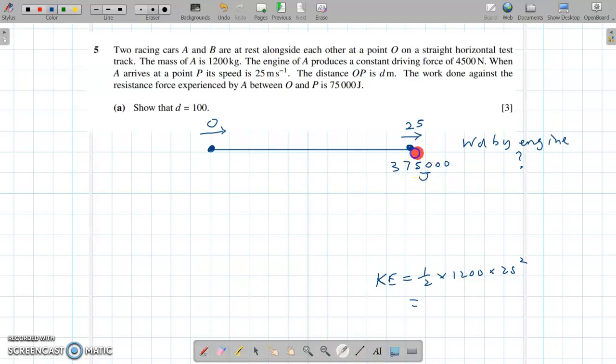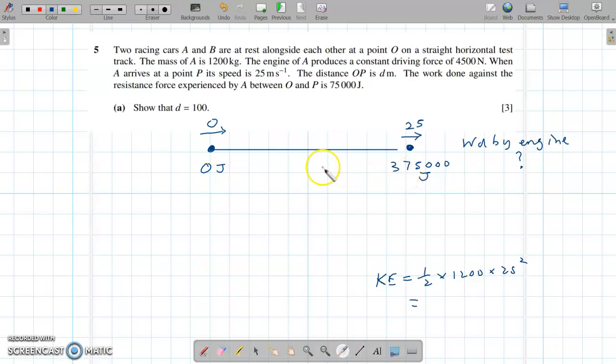So it's accumulated 375,000 joules of kinetic energy. There is no potential energy because it's flat. So it goes from 0 joules of kinetic energy to 375,000 joules.